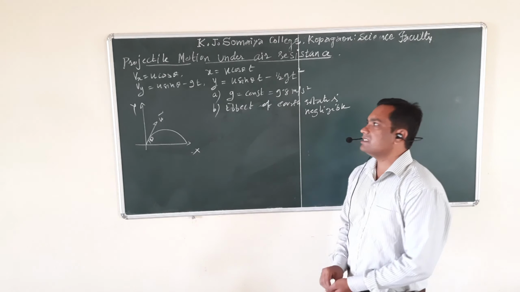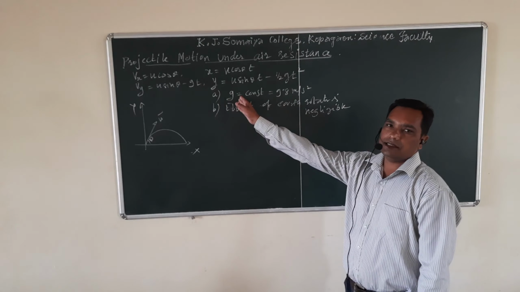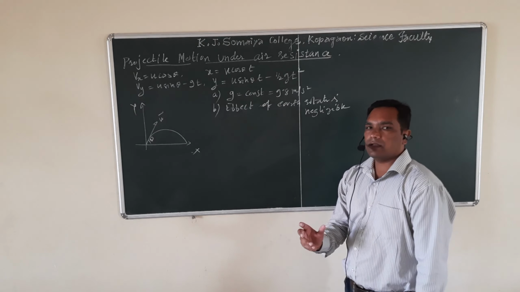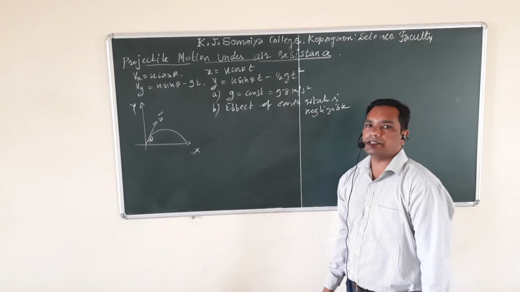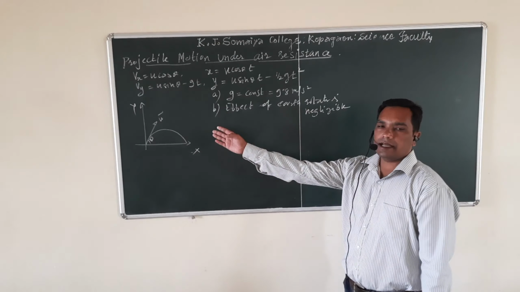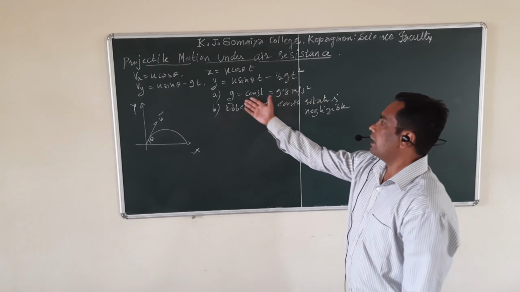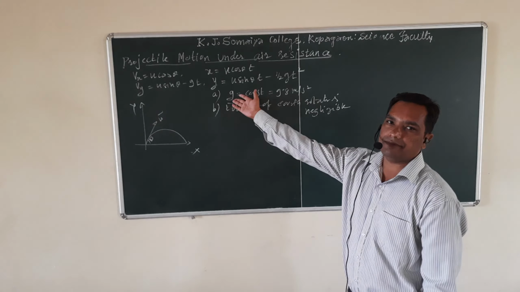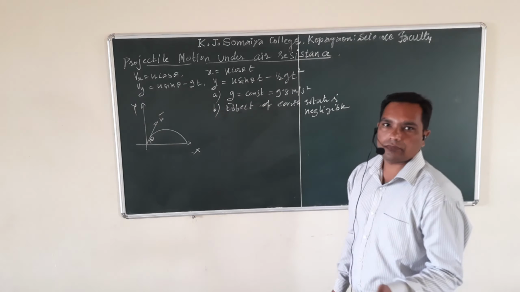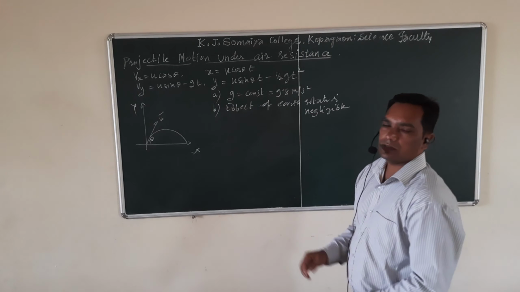Because if we consider the effect of earth rotation, then again we have to take a certain component in that acceleration due to gravity. For a projectile there are two accelerations, one due to earth rotation and another due to gravity. So we have to neglect the effect of earth rotation.